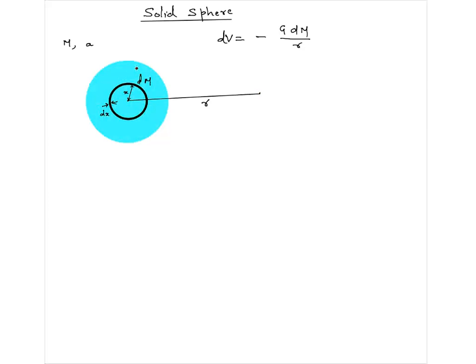For various shells, potential would be obtained by adding, or integrating, and for everybody these things are constant.